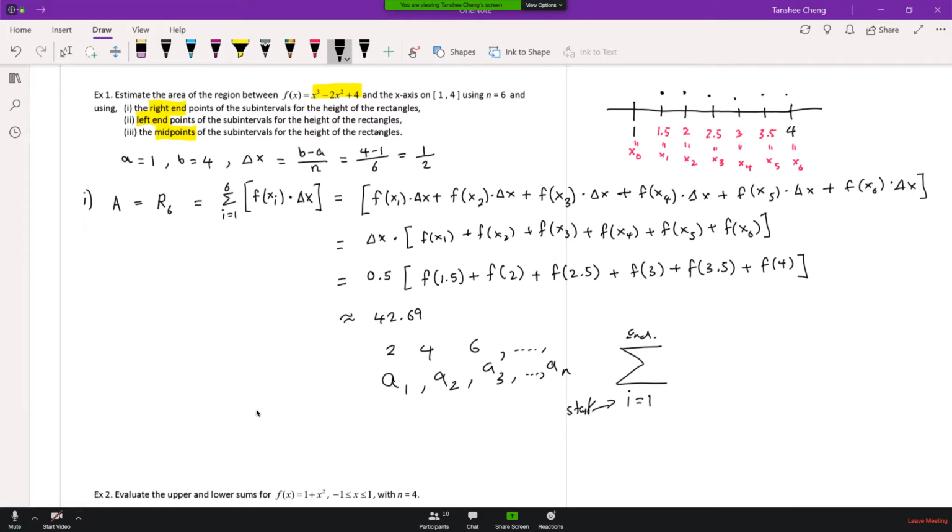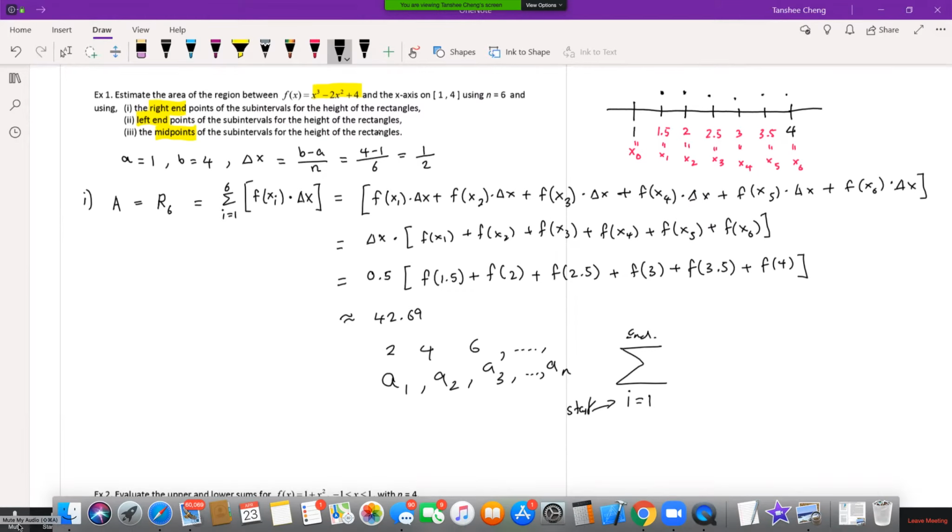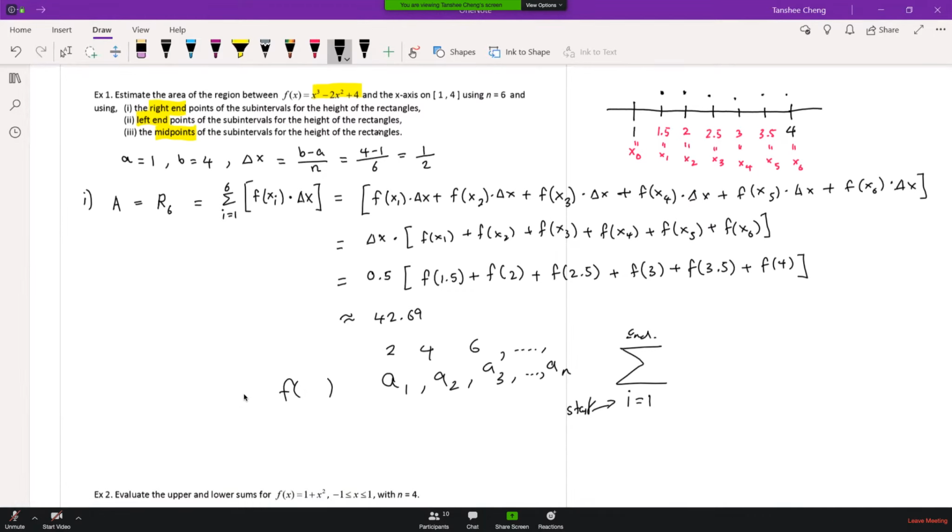So what is a sequence? A sequence is a function with the input being only a counting number, okay? Which is what? 1, 2, 3, 4, 5, 6. You cannot have 0.5, you cannot have 0.2, and so on. Are we all following so far?